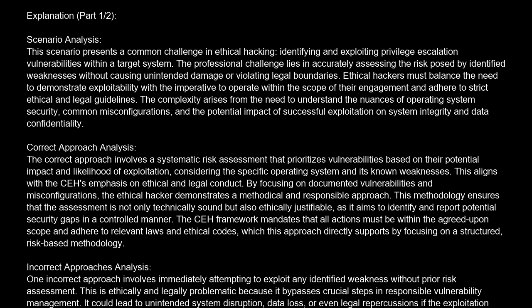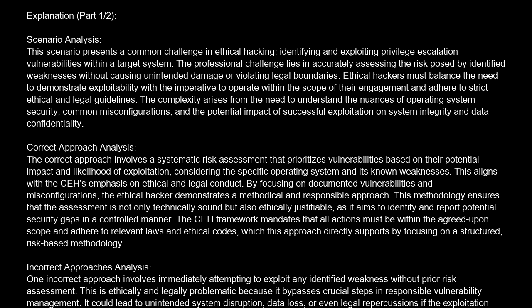This methodology ensures that the assessment is not only technically sound, but also ethically justifiable, as it aims to identify and report potential security gaps in a controlled manner. The CEH framework mandates that all actions must be within the agreed-upon scope and adhere to relevant laws and ethical codes, which this approach directly supports by focusing on a structured, risk-based methodology.